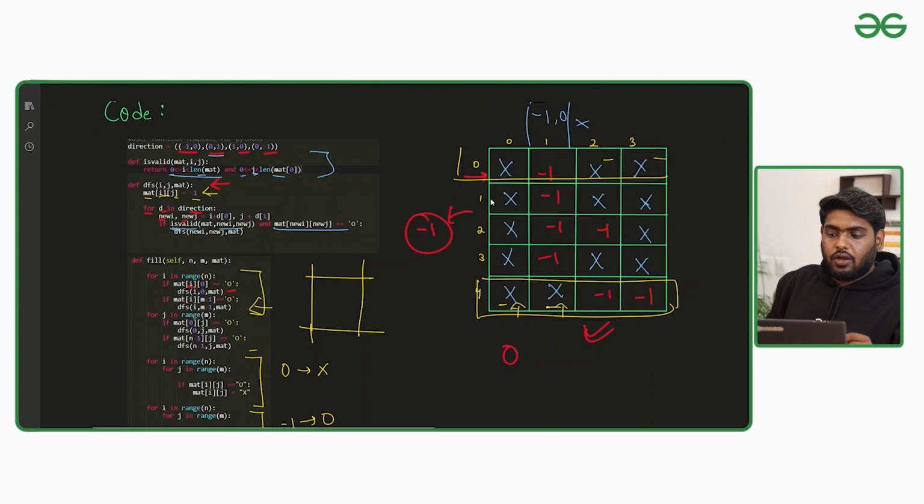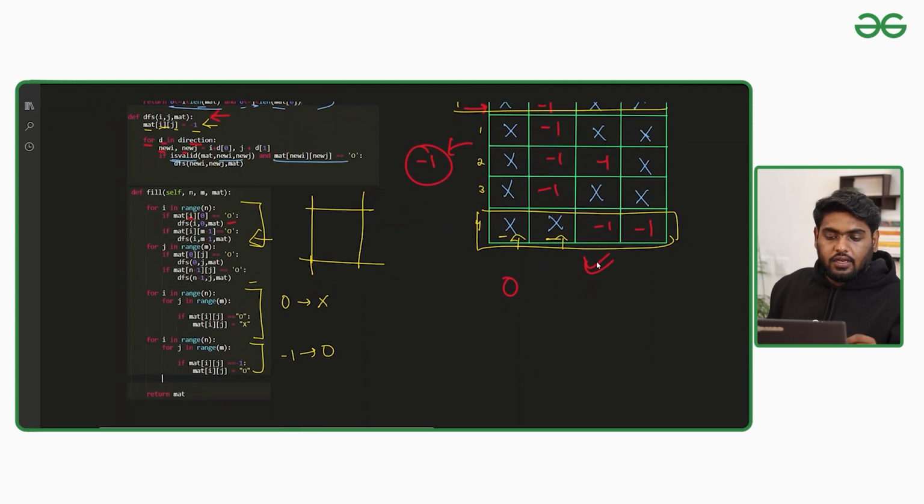Now what I'm going to do? Once I'm done with DFS, I'm going to convert all the O's to X. We will be checking the whole matrix, but for this particular matrix, we won't be getting any O and we won't be converting it to X, but we only have -1.